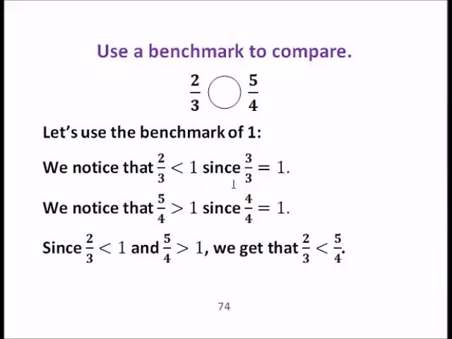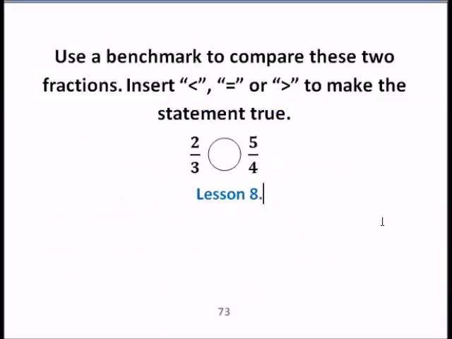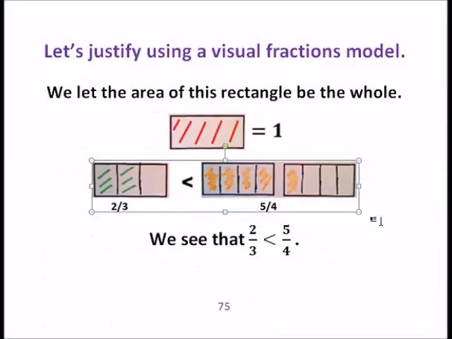So 2/3 is less than 1 since 3/3 equals 1. 5/4 is greater than 1 since 4/4 equals 1. So since 2/3 is less than 1 and 5/4 is greater than 1, we see that 2/3 is less than 5/4. So in lesson 8, the students have examples of this type to figure out.